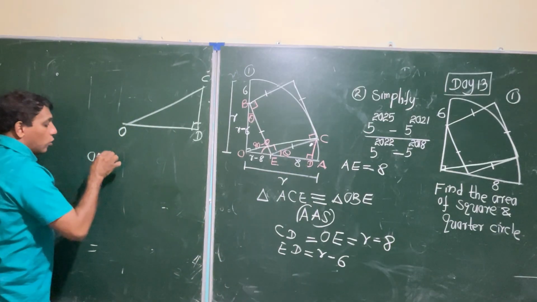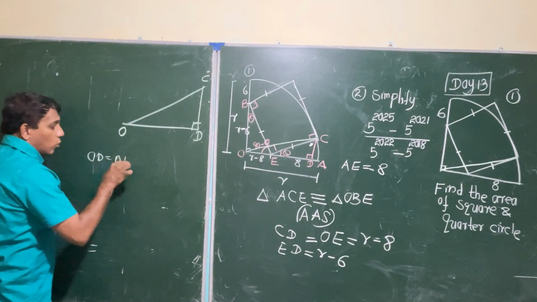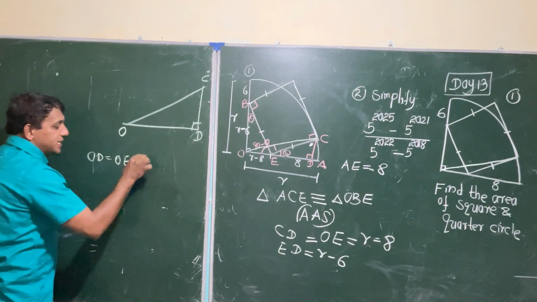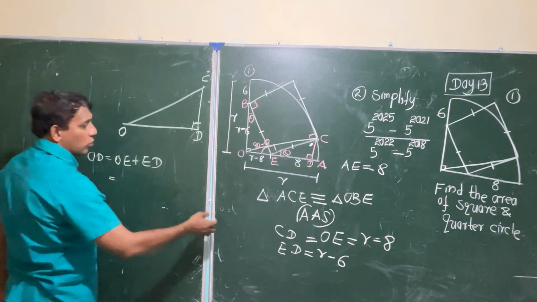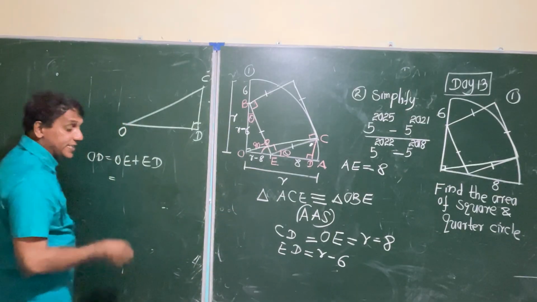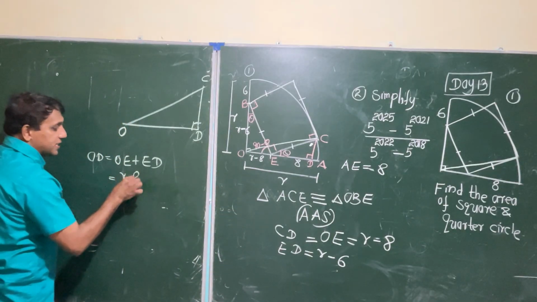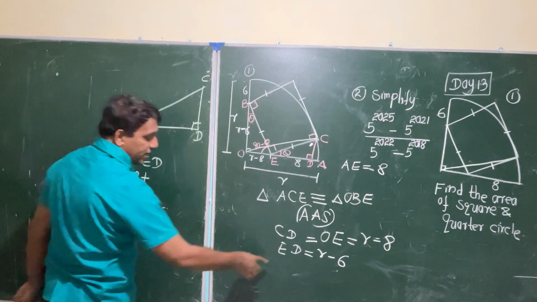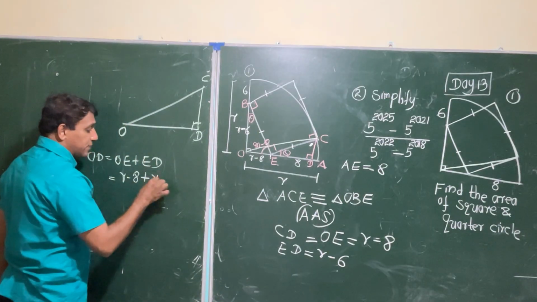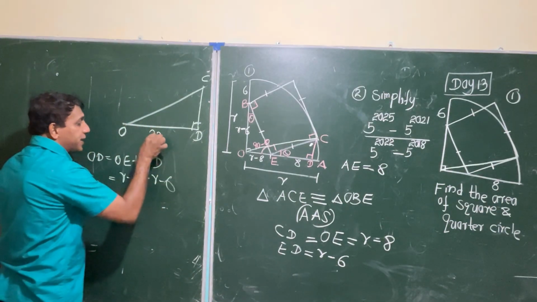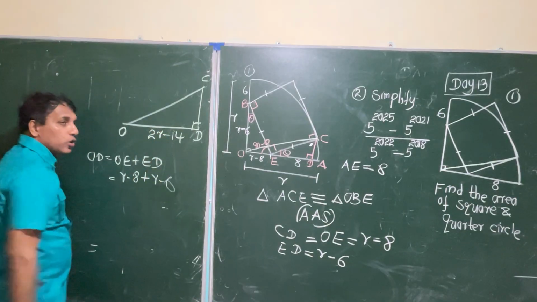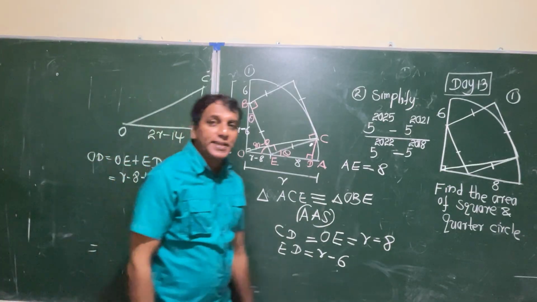OE is R minus 8, plus ED is, what is ED? R minus 6. So OD is 2R minus 14.